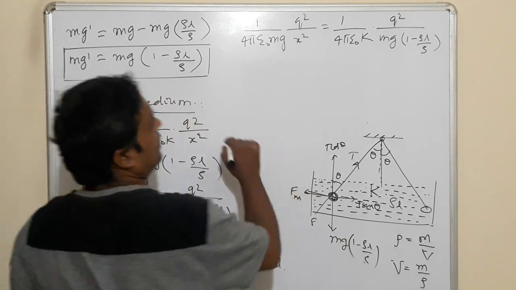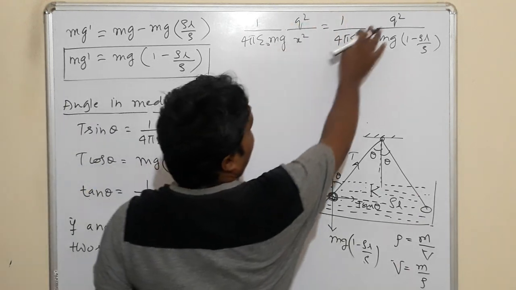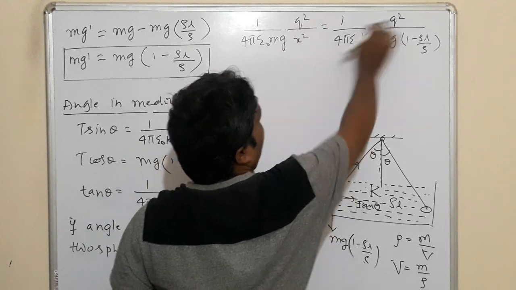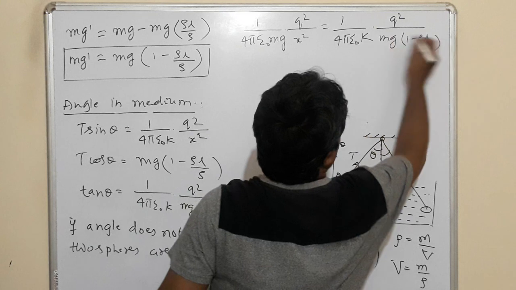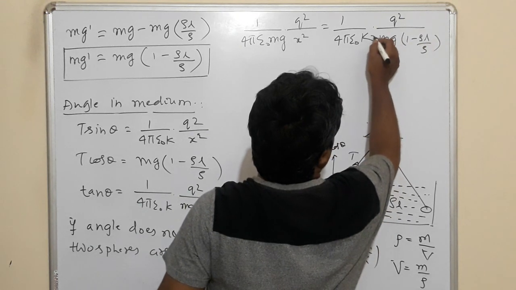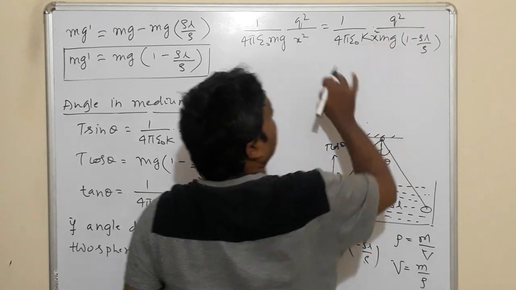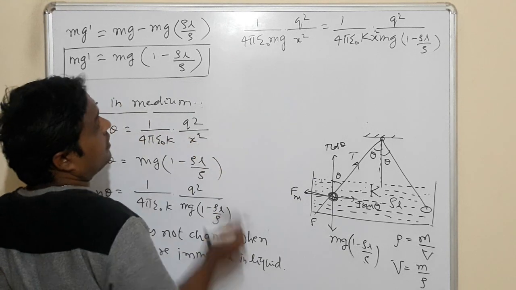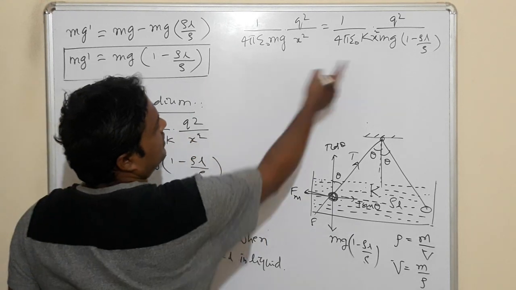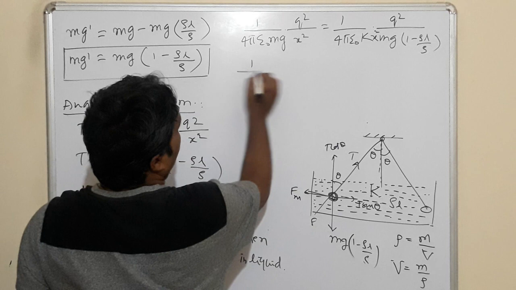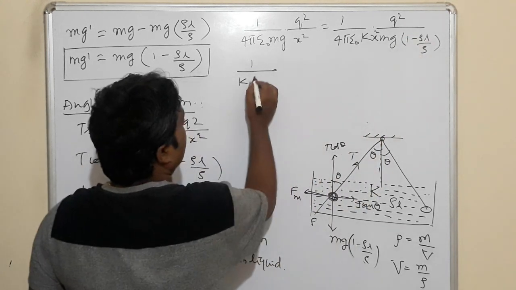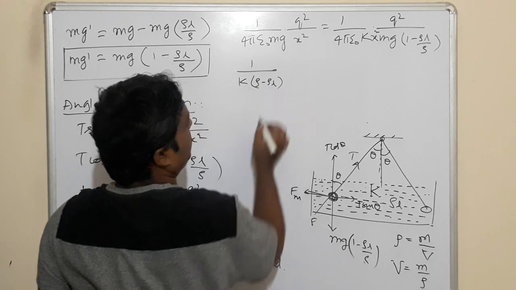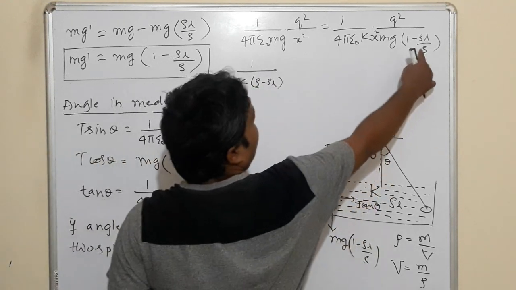If we cancel all the things, 1 by 4 pi epsilon naught q square by x square will remain, and here also x square will come. This distance I will write divided by x square here. Q square by x square cancels. Then what will remain? That side you have 1 by k, and this is rho minus rho L divided by rho.